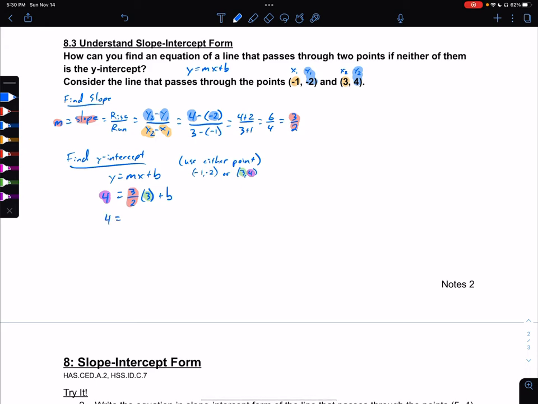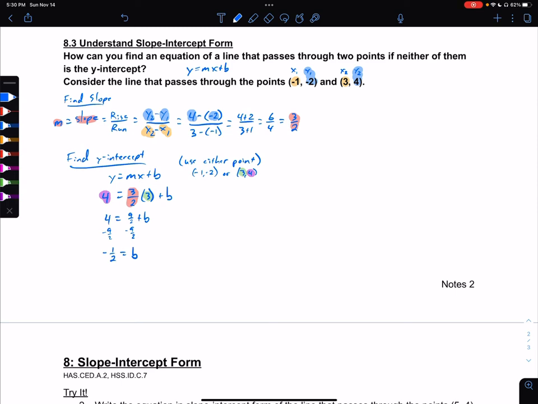I get 4 equals 9 over 2 plus b. With calculators, we don't have to change the fraction. So I'd subtract 9 over 2. I know it looks weird with a fraction like that, but 9 over 2 is 4.5. So 4 minus 4.5, we would get negative 1/2. So b is equal to negative 1/2.